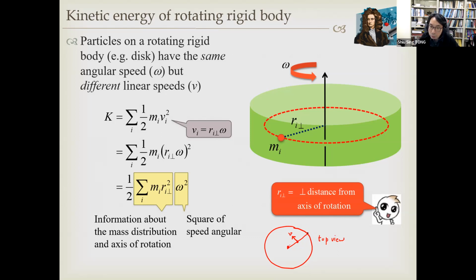At the rim of the circle, the linear speed may be getting larger, right? Why is it so? Because the linear speed is related to the angular speed by r omega. So when you have a different distance from the center, you have a different linear speed. The speed of the particle changes as it moves along the radius. From the center of the circle, where we have zero speed, to the rim of the circle, which has a larger speed of v equal to big R omega. Here we have the big R.